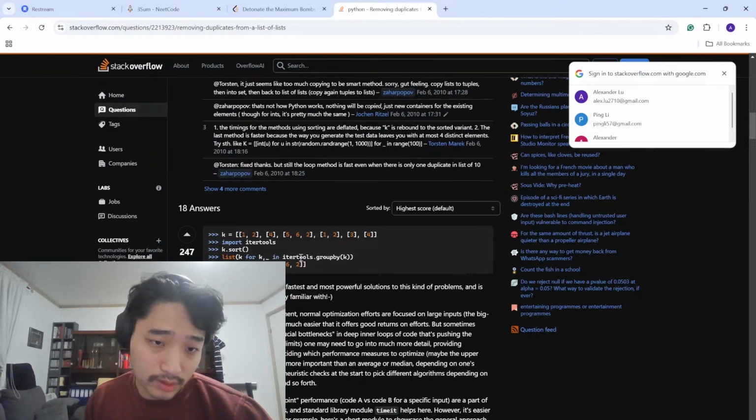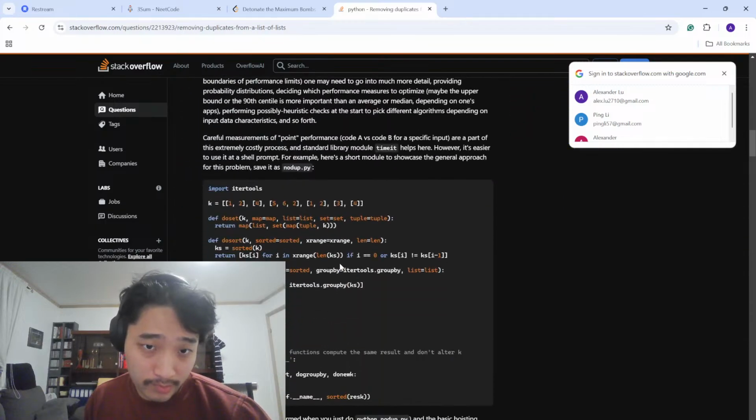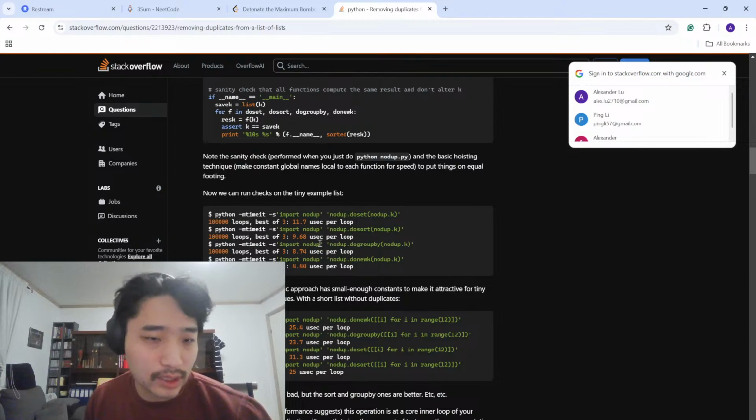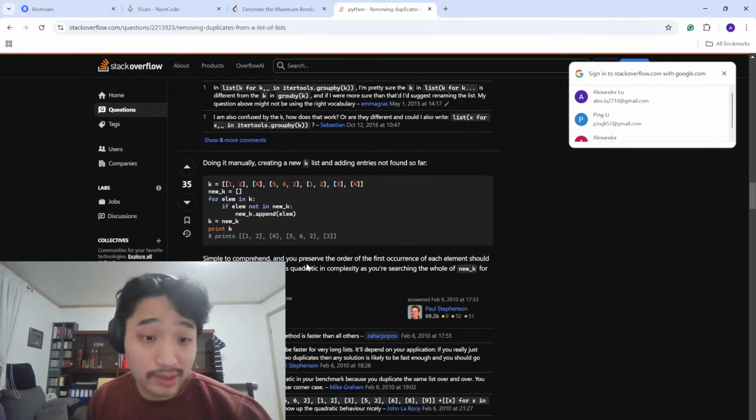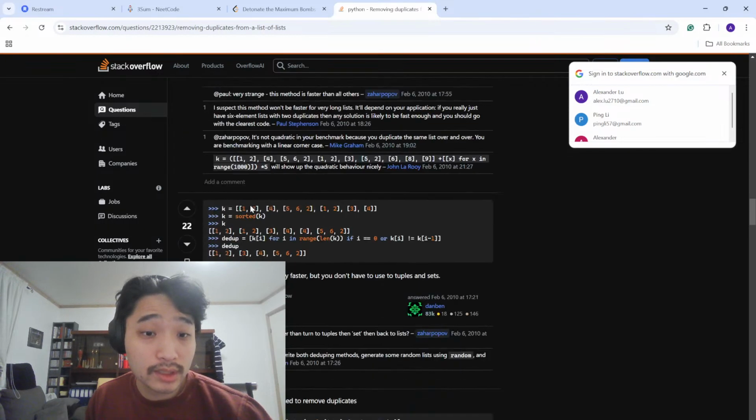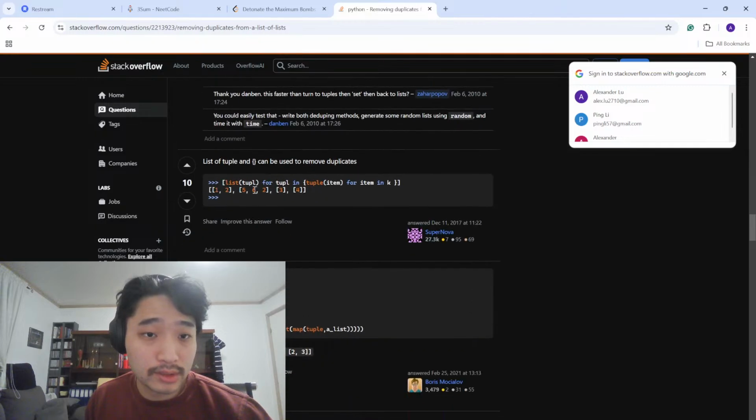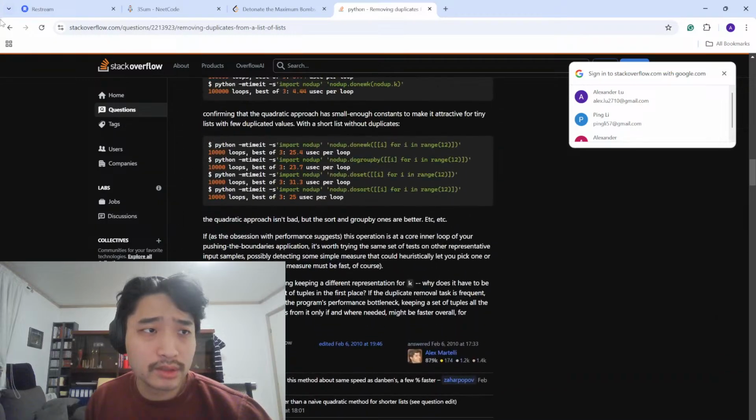Because I don't want to do this. I think that's stupid. Not this, I meant I don't need to do it because I shouldn't list tuple.